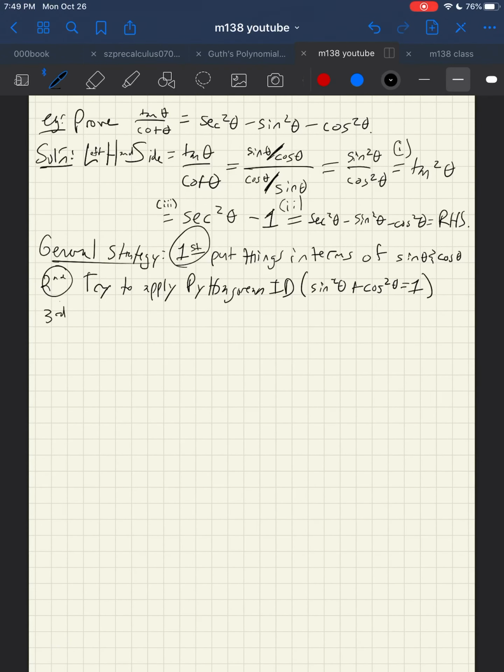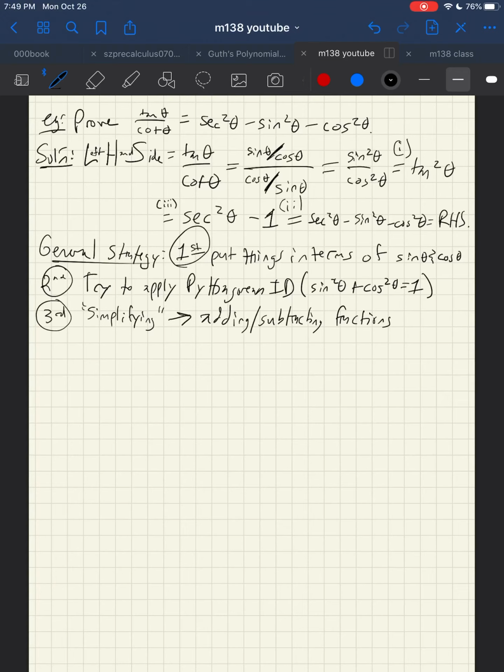Now, the third thing that we're going to probably end up doing is simplifying, which tends to be adding and subtracting fractions. All right, that's what it often ends up being.